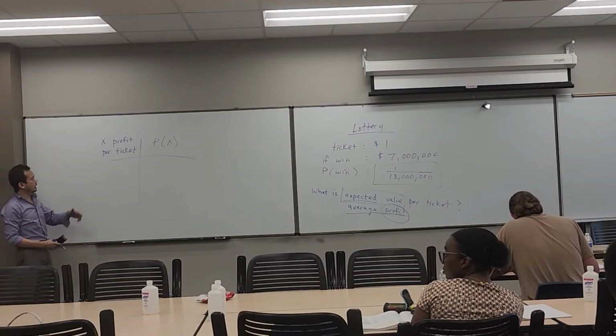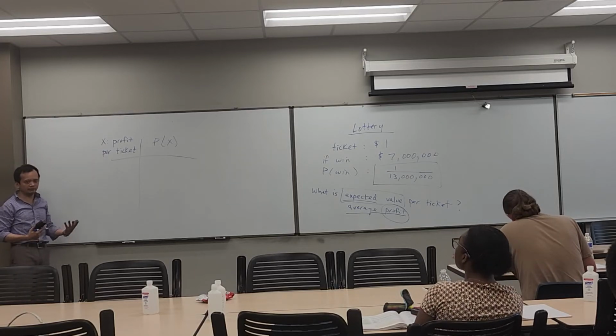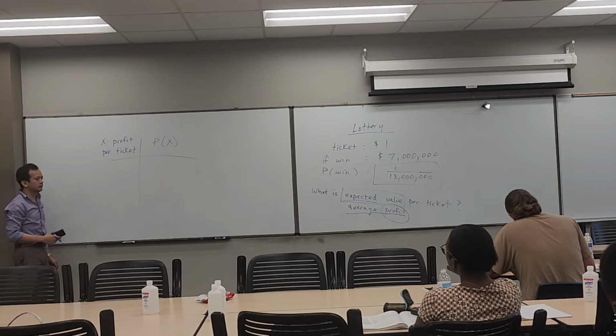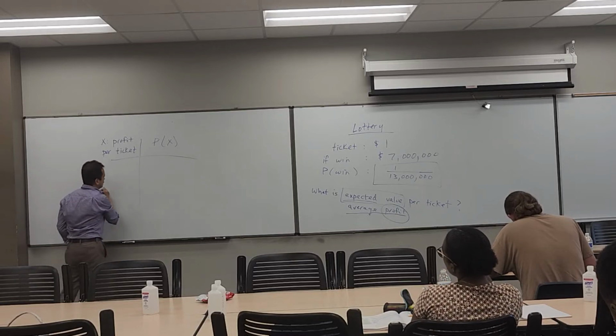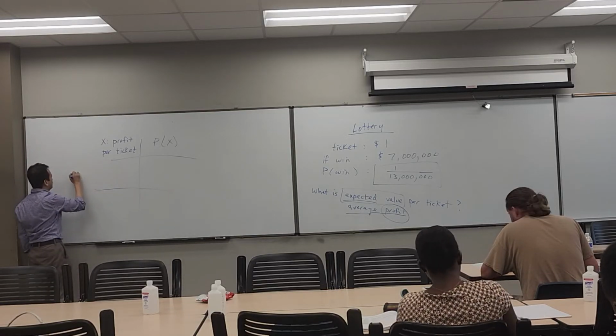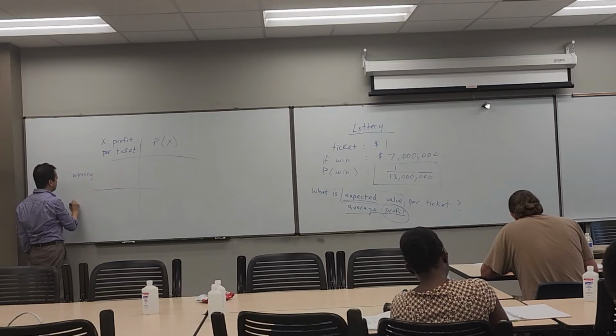Let's look at the first column, the profit per ticket. Each ticket can have how many possibilities in terms of how it affects the profit for that ticket? Win or lose. Yeah, win or lose. Either it's a winning ticket or it's a losing ticket.